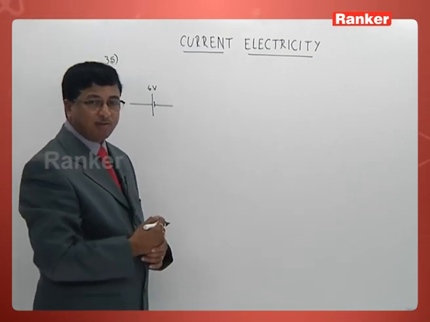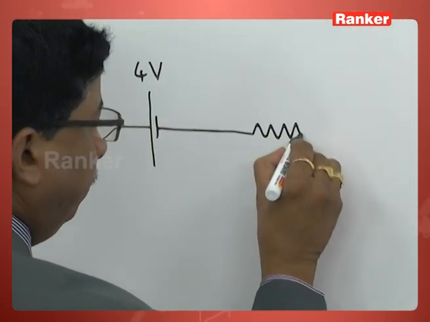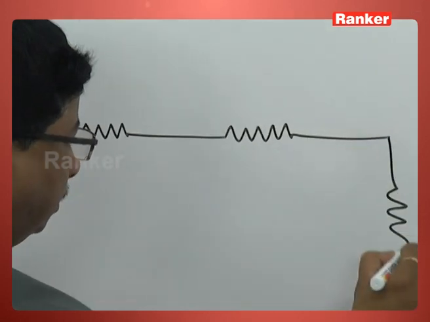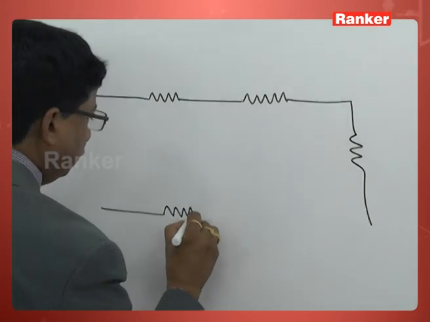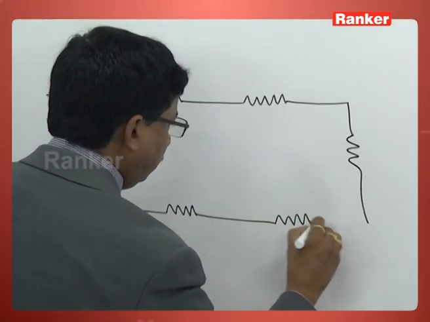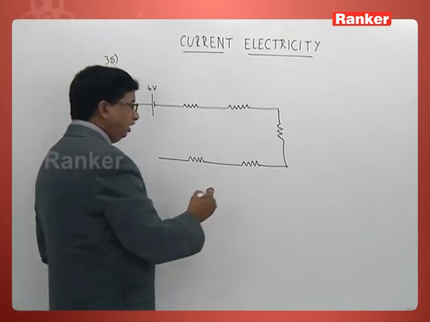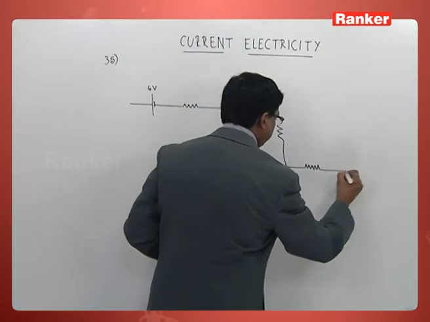In fact, 5 resistors are connected this way. One resistance this way, the second resistance like this, third resistance this way, again one more resistance like this, one more resistance like this. And there is another resistance also that has been given over here like this.